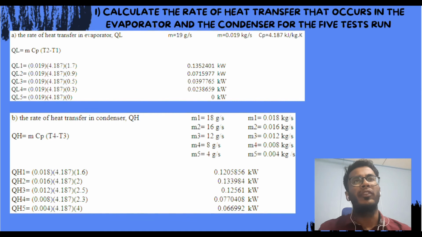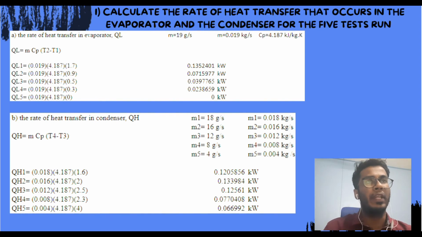So to find the rate of heat transfer in condenser, which is QH, the same formula is used, just that the mass flow rate given for the 5 test runs is different. The first mass flow rate is 0.018 kg per second, the second is 0.016 kg per second, the third is 0.012 kg per second, the fourth is 0.08 kg per second, the fifth is 0.04 kg per second.